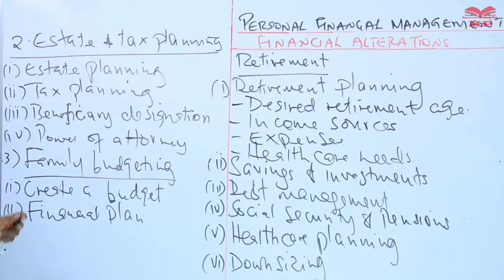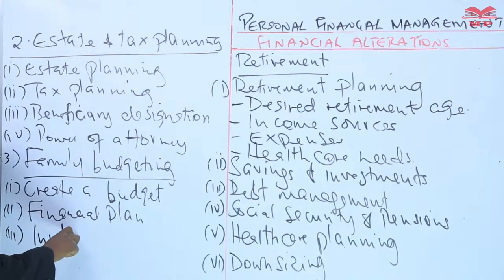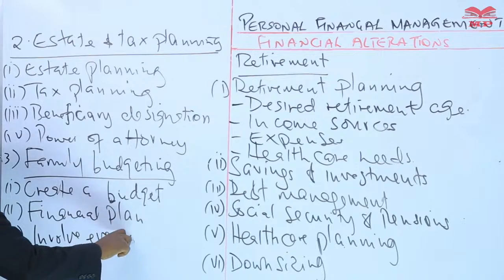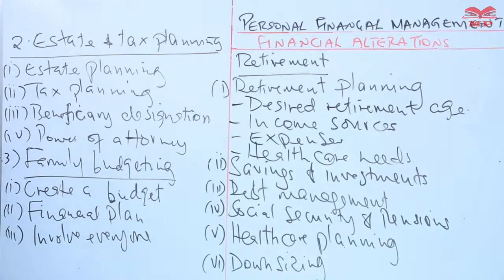And while developing a family budget, it is important to involve everyone in the family. Encourage family members to participate in creating and managing a budget in order to promote financial responsibility.